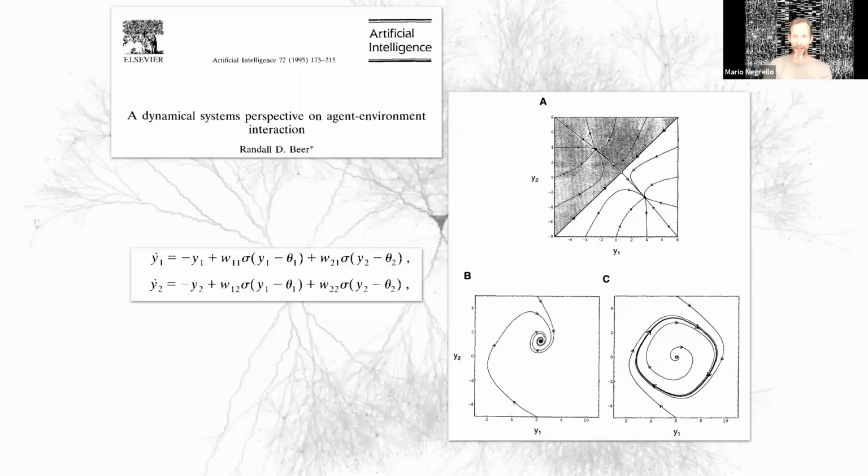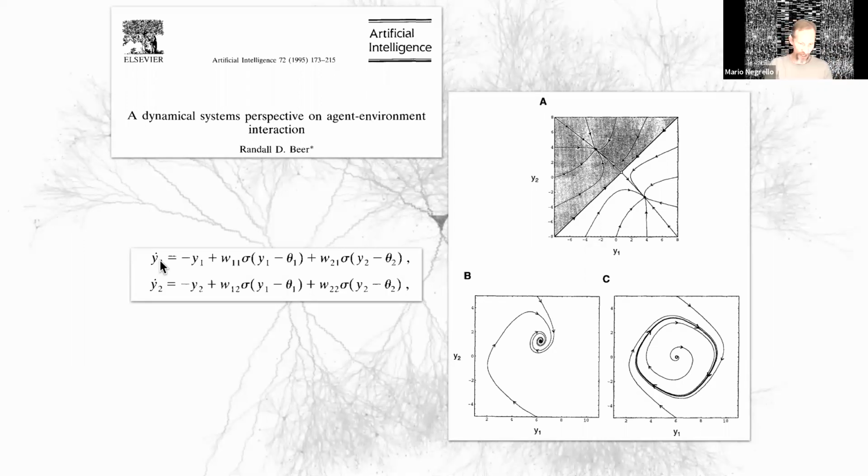What we can do, so I definitely recommend this paper with two neurons recurrently connected. And here you have a recurrently connected, continuous time, two neuronal network. So, dynamical systems perspective on agent-environment interaction. Definitely recommend this paper. The idea here being you have a little recurrent neural network, and it has only two neurons in this case, Y1 and Y2.